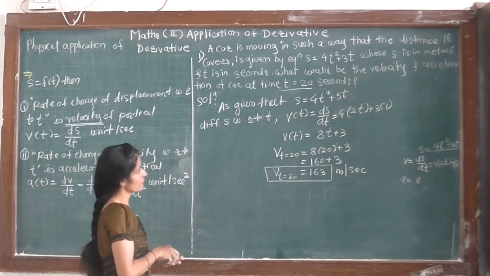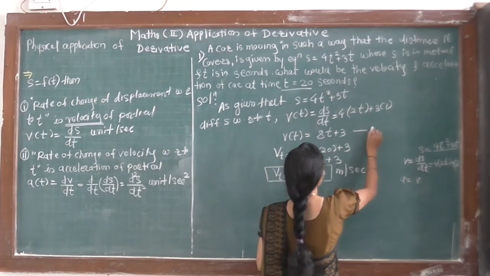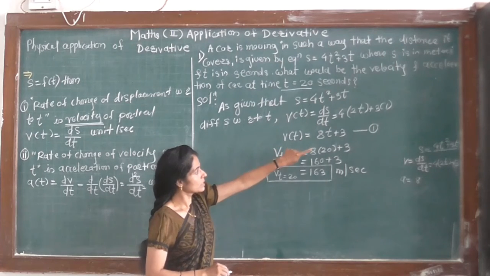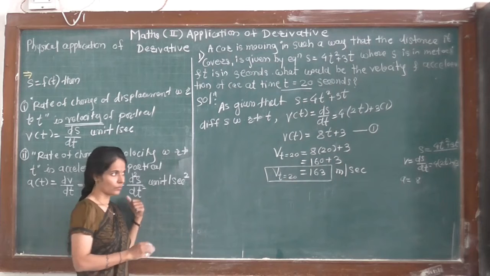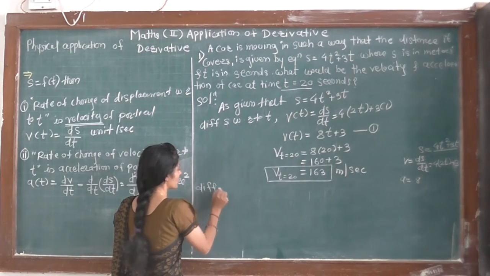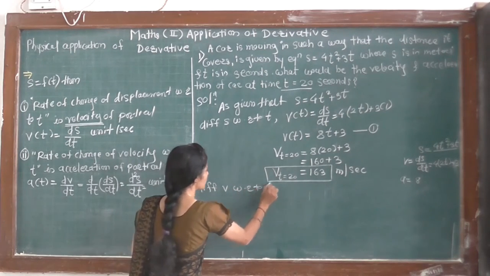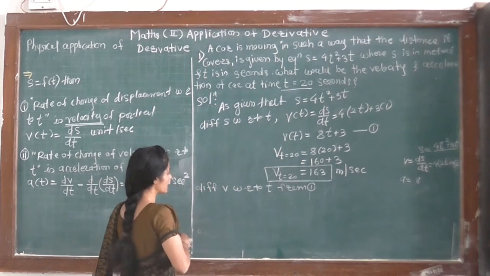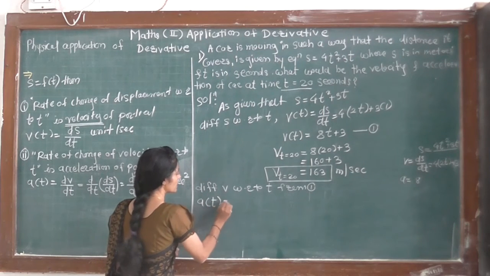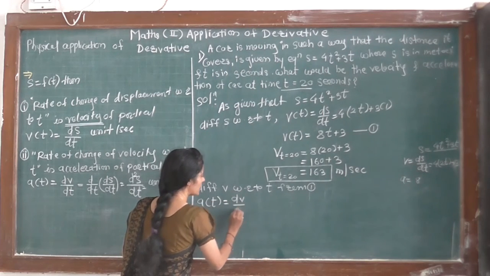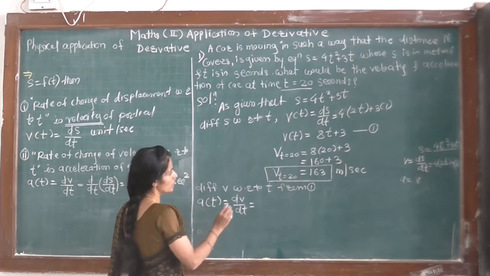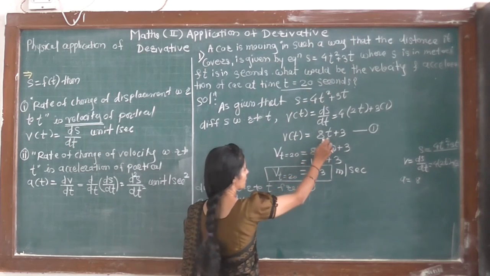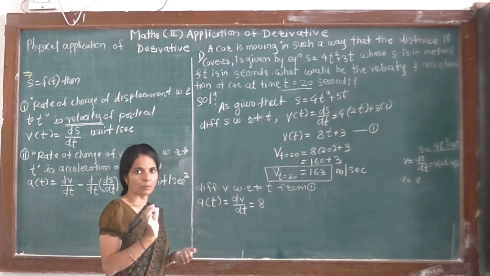Now we differentiate v with respect to time t so that we get the value of acceleration. Differentiating v, what we get? We get acceleration at time t is dv by dt, and it is 8 into t. 8 as it is, derivative of t is 1, and derivative of 3 should be 0.